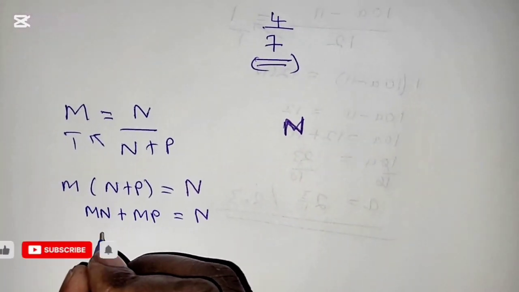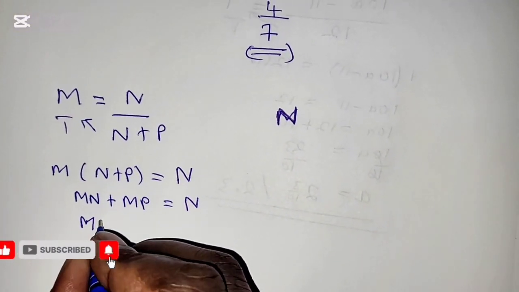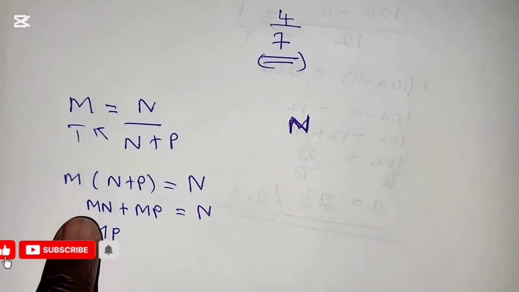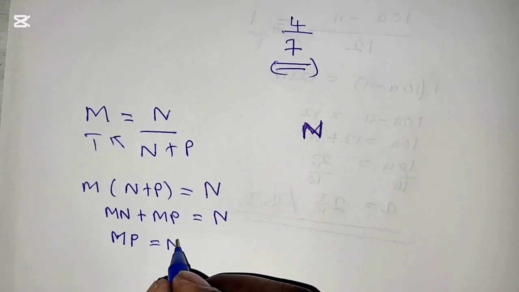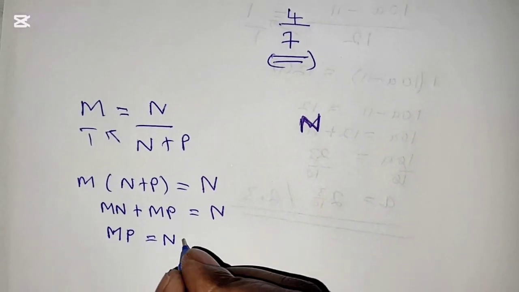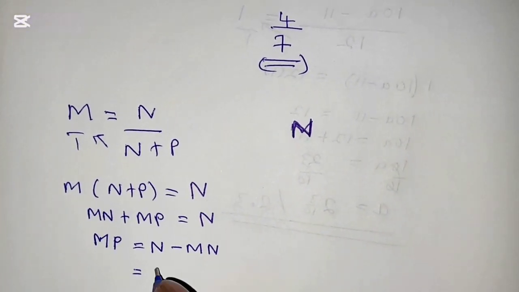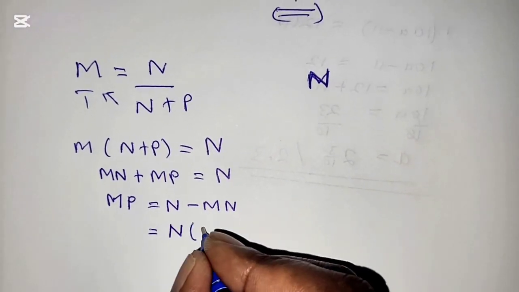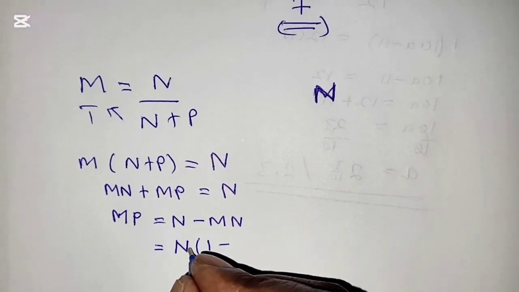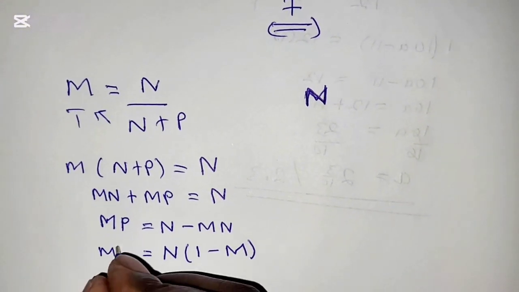Remember, the question said make n the subject of the formula. So what are we going to do? mp to this side. Let's group the like terms. So n to this side is now minus mn. So we're going to factor out n. N is common right here. So n into n, that's 1 minus m, is equals to mp.